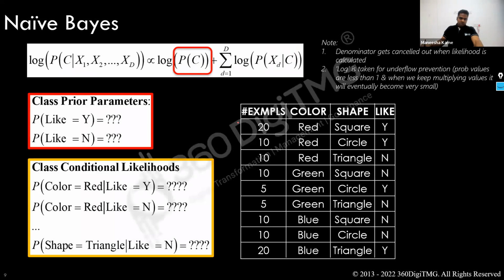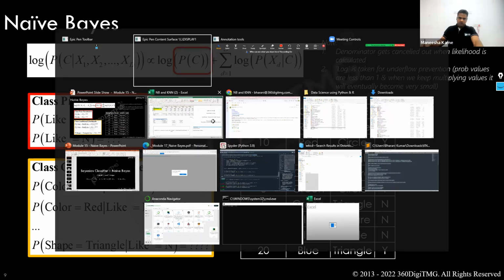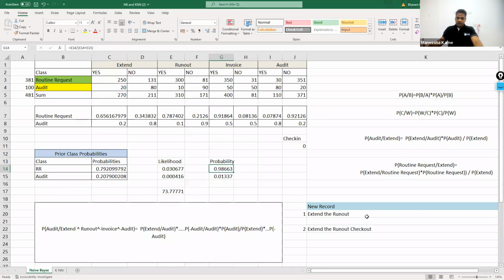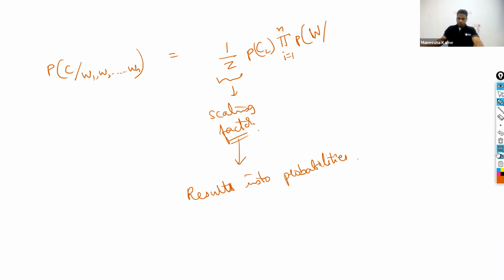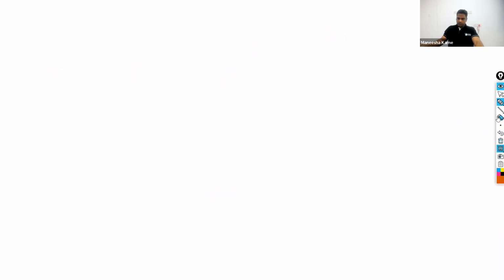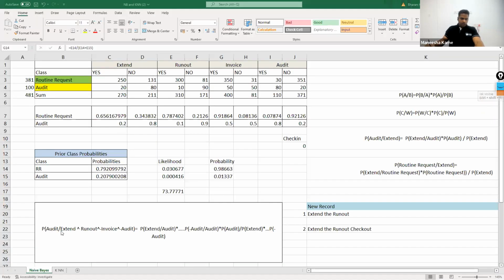Now, the discussion that we are having here is, what if I have an additional word called checkout? Then how does it work out? Let's understand. Better I write it again. So probability of this specific request belonging to routine request.